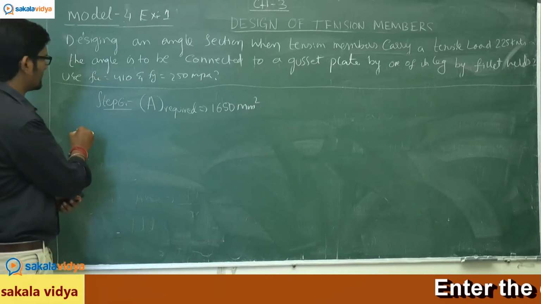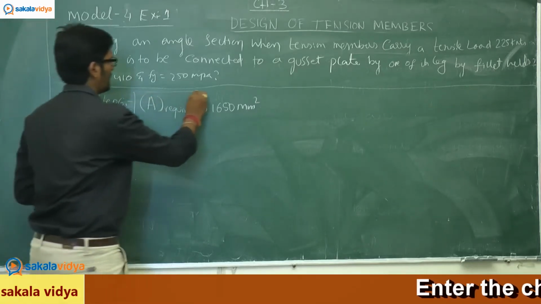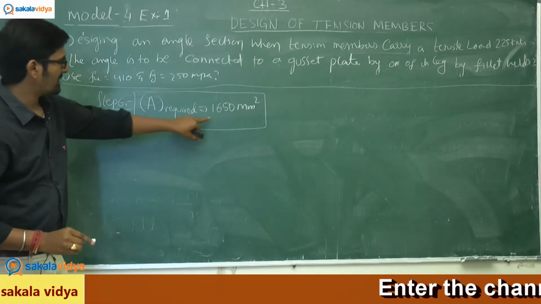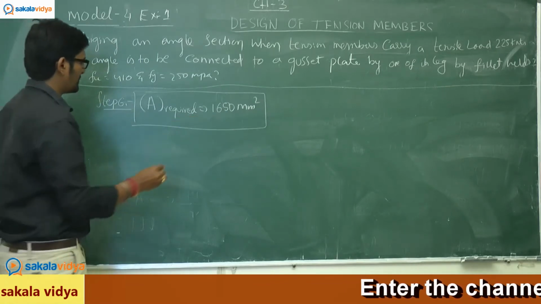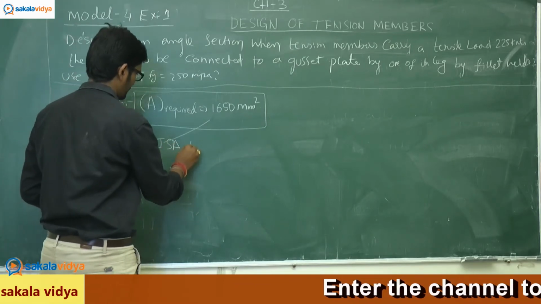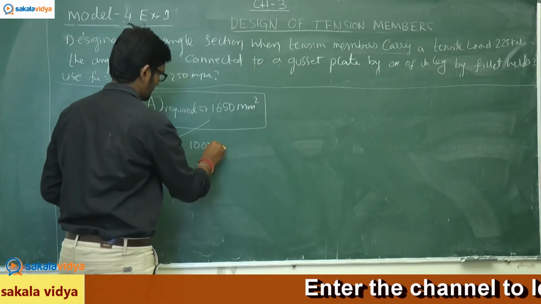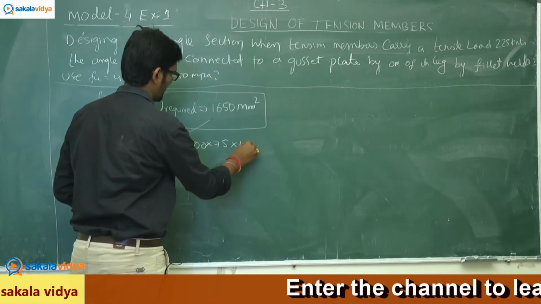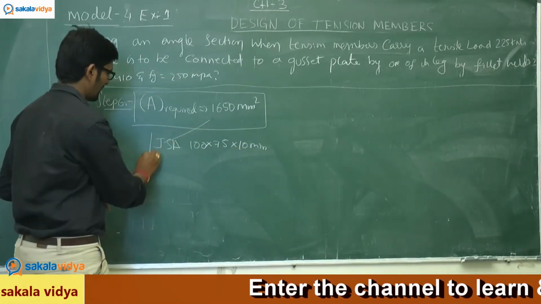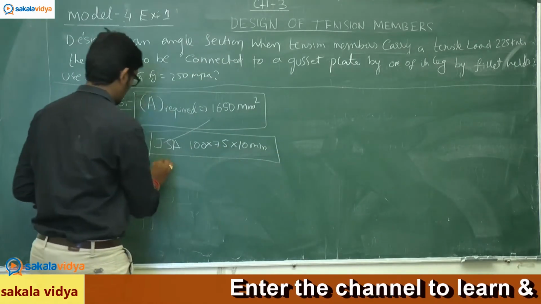Step 6, area required. So far we have found the area required, that is 1650 mm square. Based upon this area, we choose an angle section of 100 into 75 into 10 mm, which we got from the steel table book.